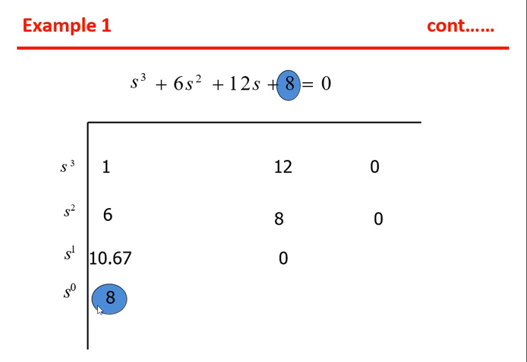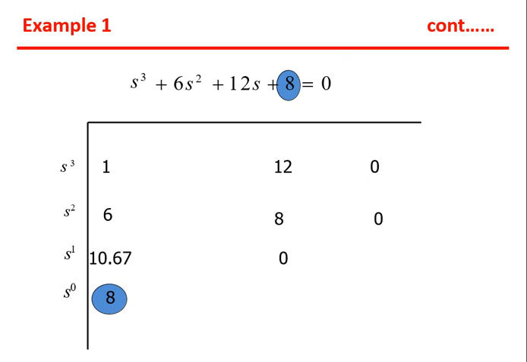Now if you observe this 8, that is S0's coefficient, and these are the same. We will explore more about this in upcoming examples, but for the time being just ignore this, just see the stability of the system.